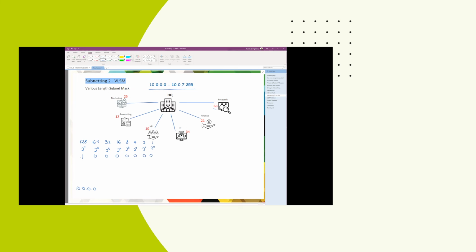And we notice that this first subnet for research is going to be 10.0.0.0 up to 10.0.0.127. Okay, this is my range for research. Let's put an R here for research.